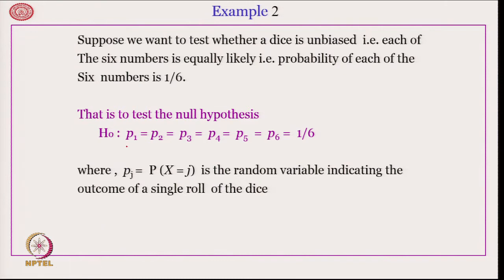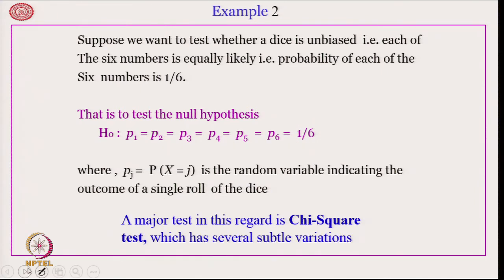Therefore, the hypothesis that we are testing is p1 equal to p2 equal to, say, up to p6, and each one of them is 1 by 6, where pj is the probability that X takes the value j, where X is the random variable indicating the outcome of a single roll of the dice. The question is how to test that.